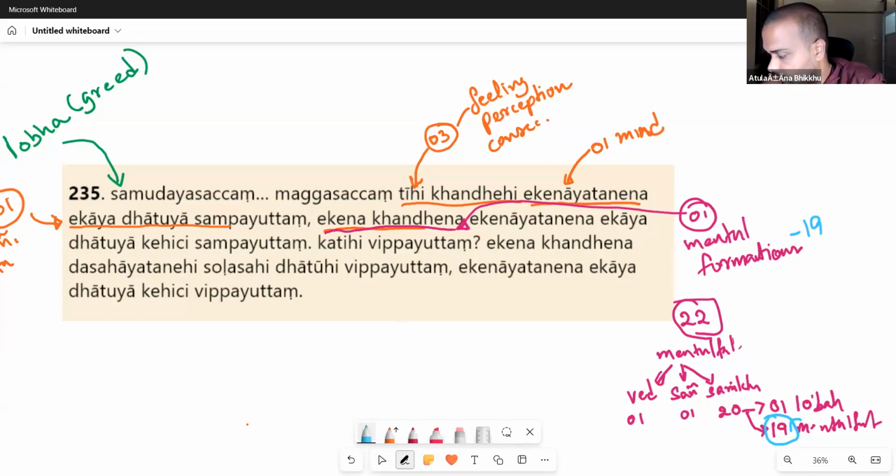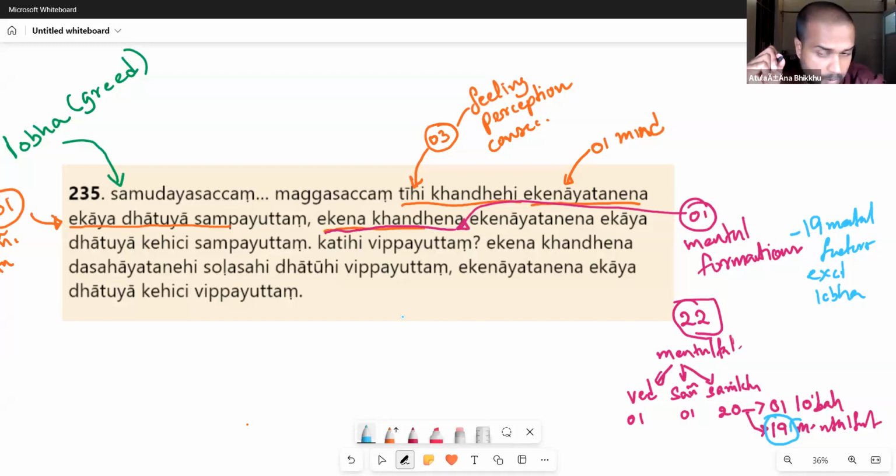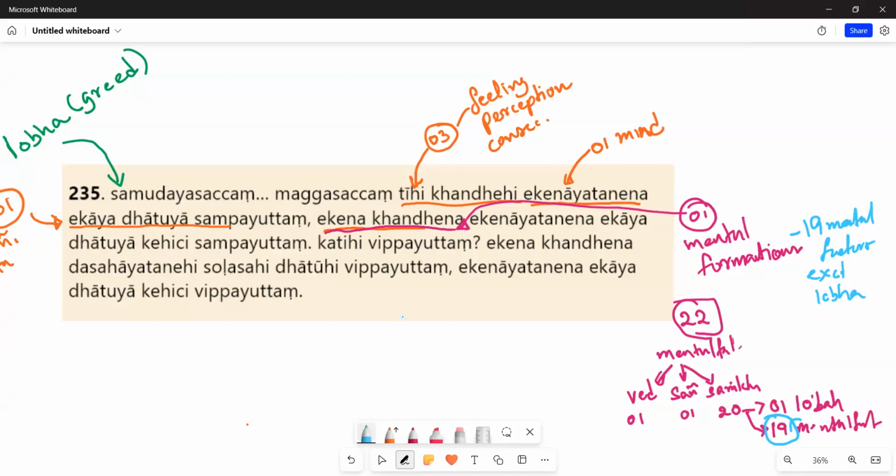So these are the 19 mental factors in the Sankhara Khandha, excluding lobha. Pandit, in the Sankhara Khandha the cetasikas should be 19, because 22 is the cetasikas altogether. Yes, altogether 22.